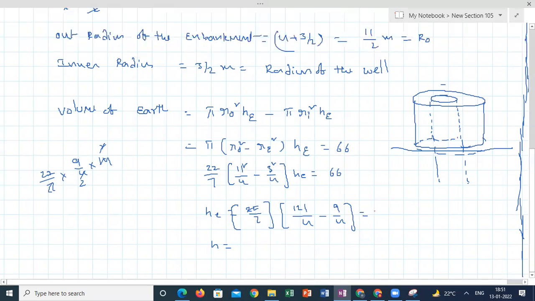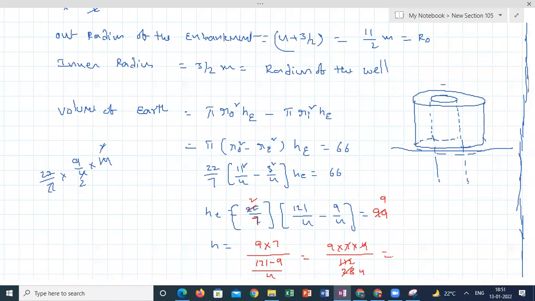What is the final answer? This is 7. So 9 into 7 divided by 121 minus 9 divided by 4. This is 9 into 7 into 4 by 112. Again there is a mistake. Guys, please try.